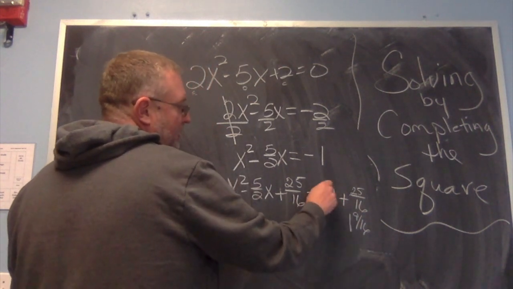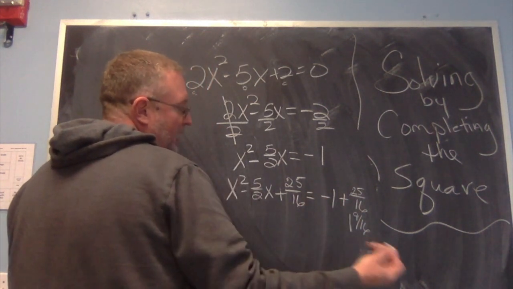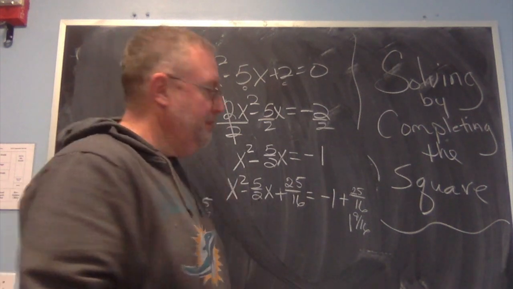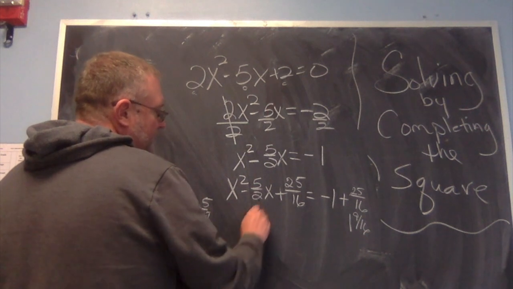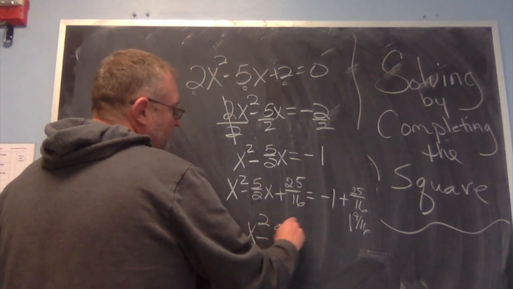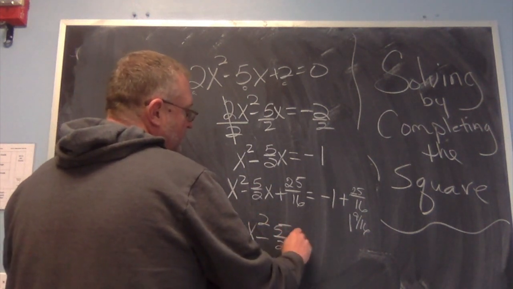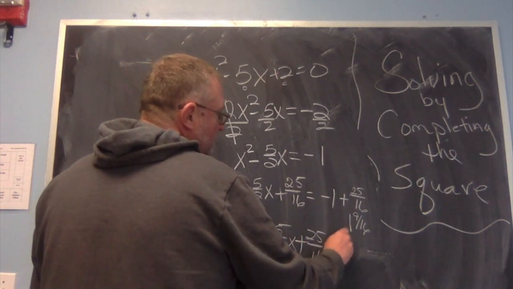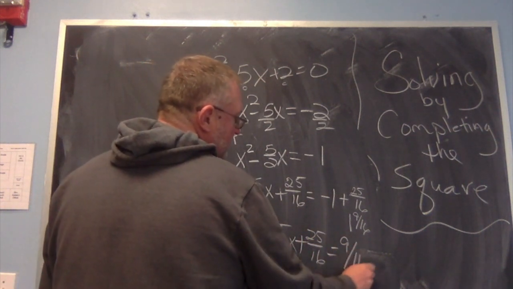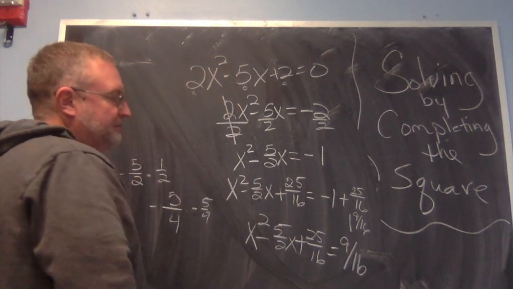A positive 1 and negative 1 just leaves me with 9 over 16, because 1 minus 1. So now I'm at this point: x squared minus 5 over 2x plus 25 over 16 equals 9 over 16.